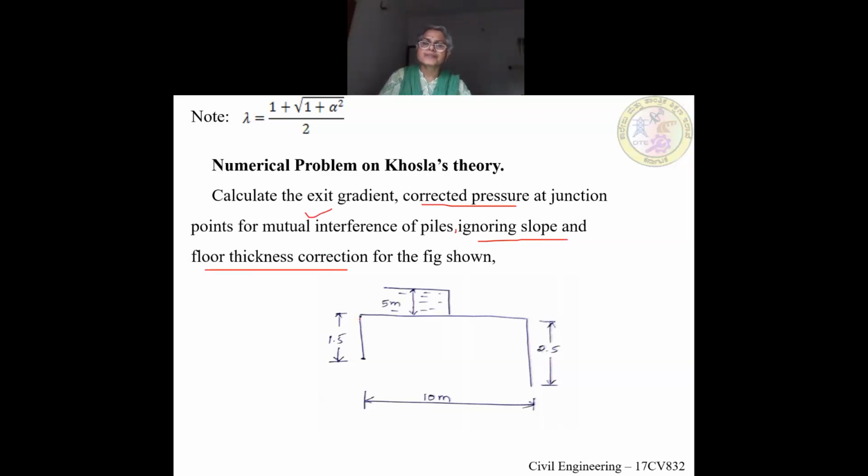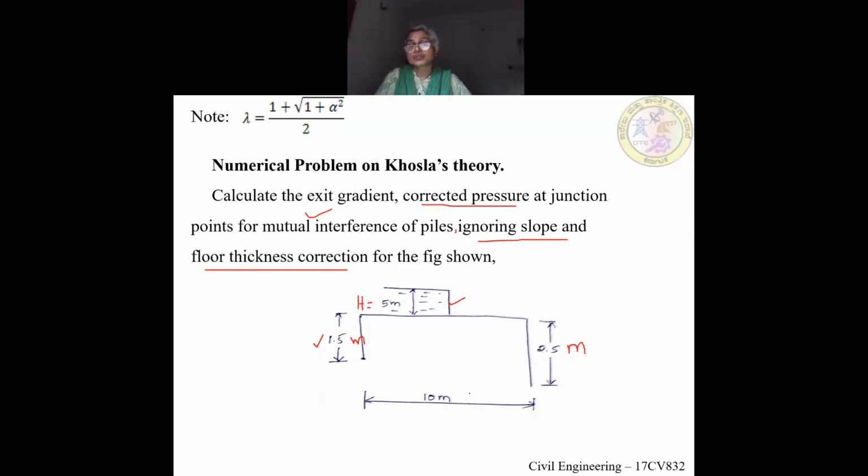So this is the diagram. This is the head of water, which is equal to 5 meters, and this is the weir. Here there is a sheet pile in the front, that is on the upstream side, 1.5 meters, and on the downstream side it is 2.5 meters.